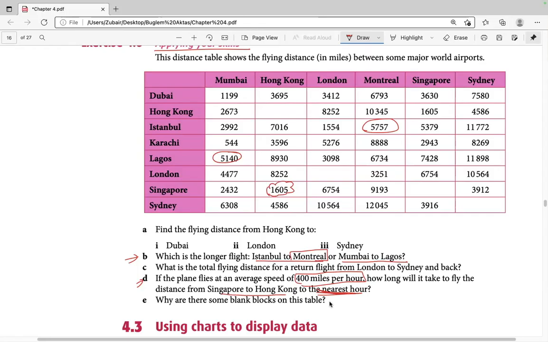The basic straight line formula is distance equals speed times time. When we are talking about time, we make that the subject of the formula: time equals distance divided by speed. And what would it be to the nearest hour?